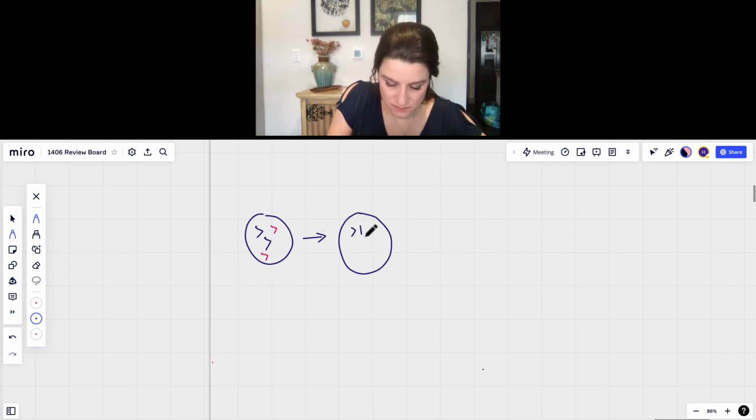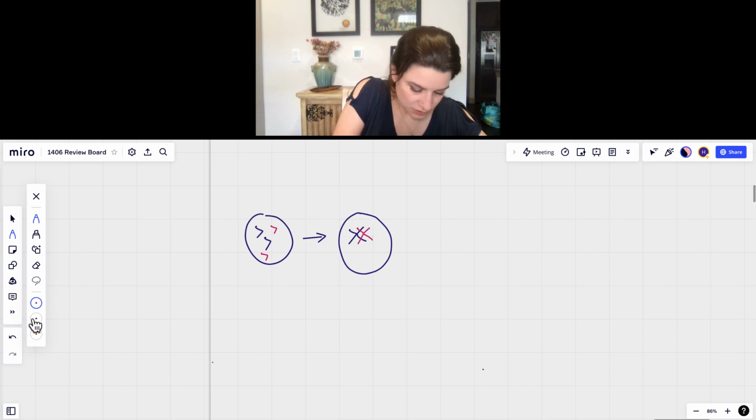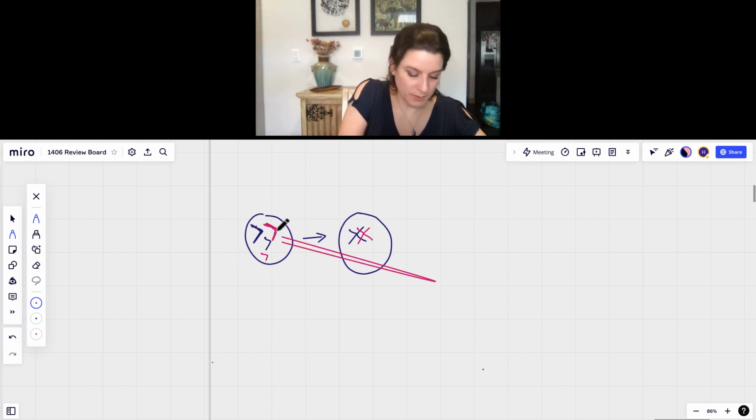But when you have them line up, they're lining up with their partners, right? I'll draw two big ones, one pink big one, one purple big one, and then two little ones. So the big ones line up together and the little ones line up together.